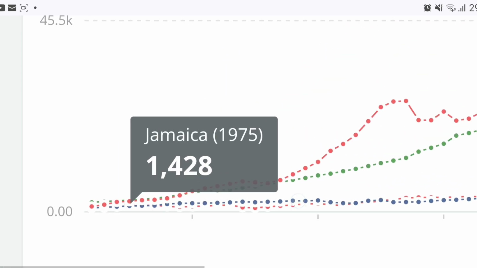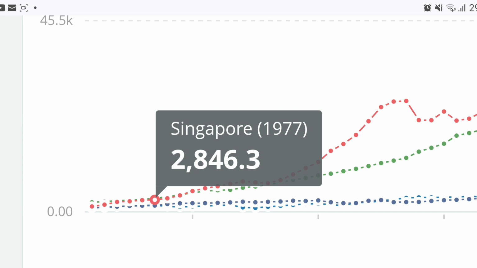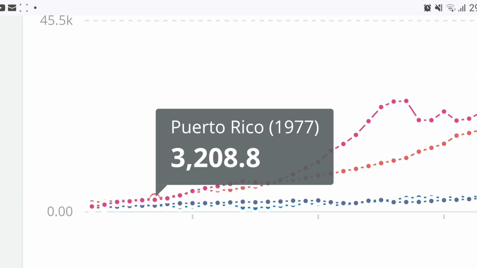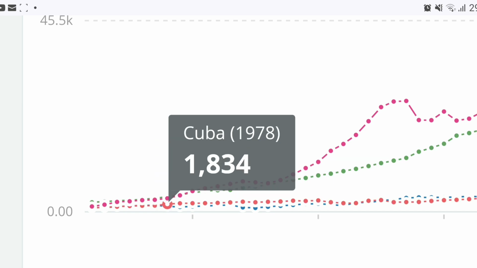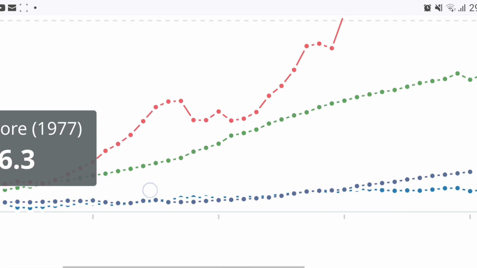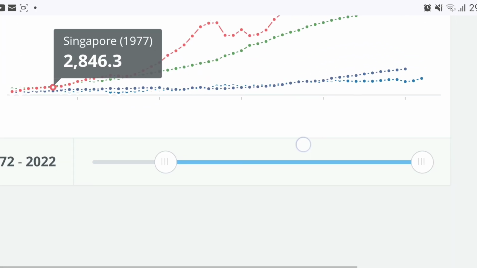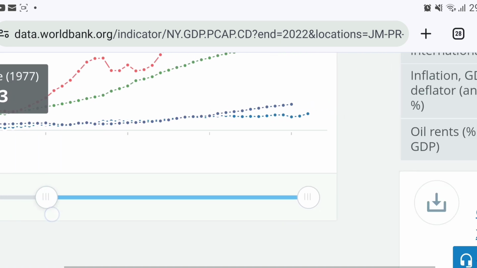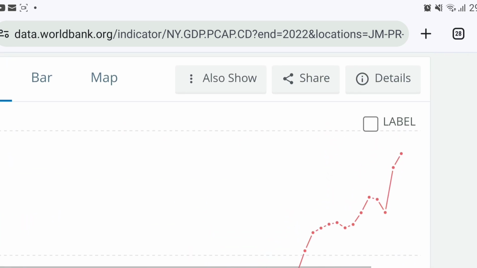Let's get this a little bit bigger. Singapore. See? We were close. The disparity was not that great. Singapore was at 2000 something, we were at 1000 something in 1970. But as time progressed, look at what happened. This is where we are today.